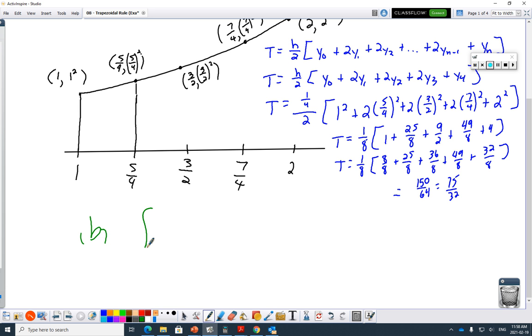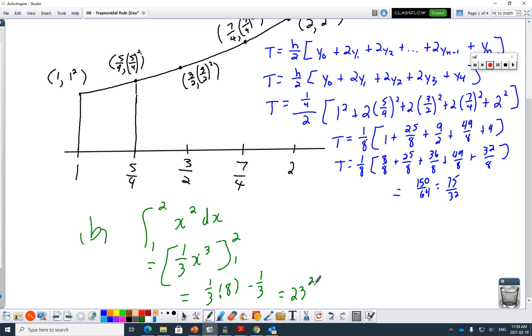Integral from 1 to 2 of x squared dx. 1/3 x cubed, evaluated between 2 and 1 equals 1/3 of 8 minus 1/3. 8/3 minus 1/3. 7/3. That's the actual answer.